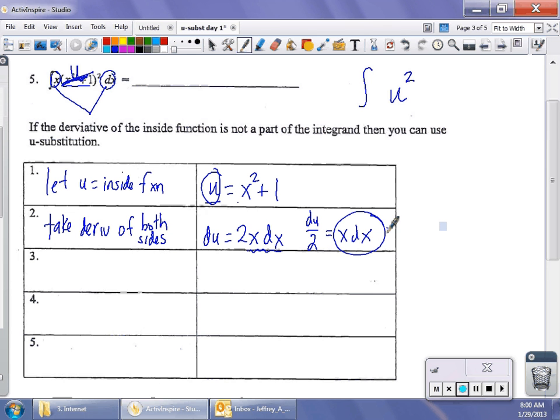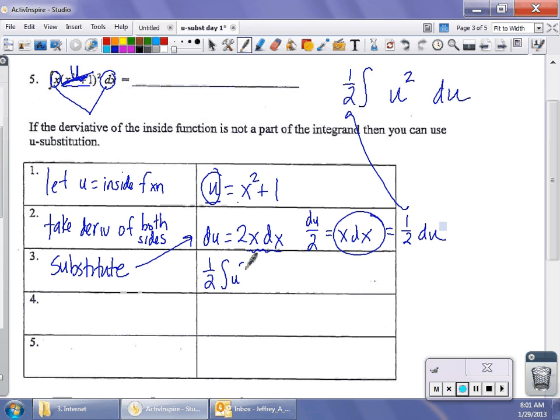Now that's the same thing as 1/2 du. So I'm going to take the 1/2, pull it out front, and put the du back where it goes when we're writing an integration problem. So number 3 is to substitute. And when we substitute, we're substituting from here. So in this case, I'll put it down here. We would have our 1/2 u squared du.